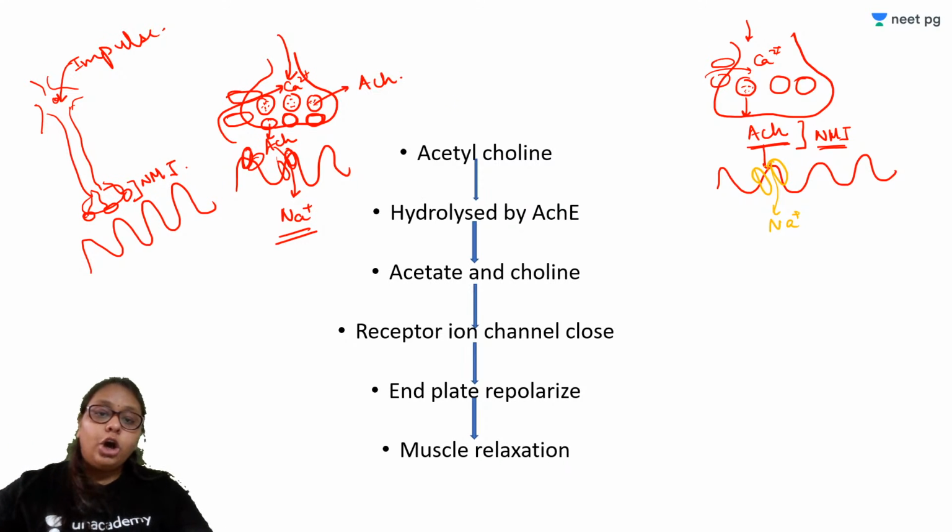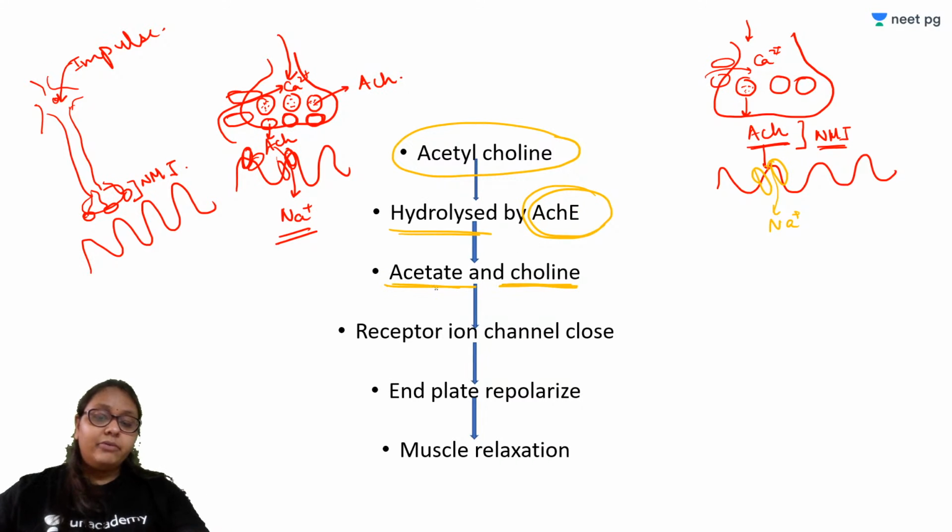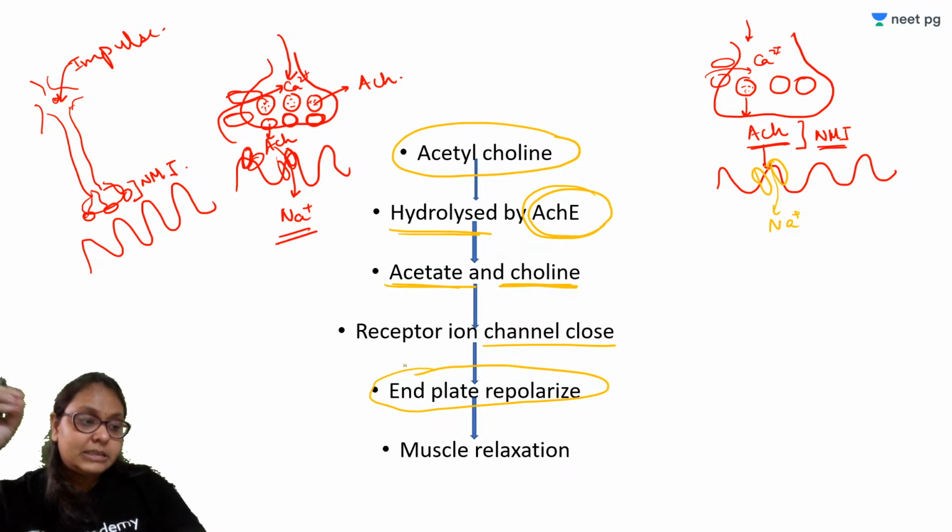Okay, so that is what happens. Now, normally this acetylcholine which is released and acting on the acetylcholine receptor is hydrolyzed by the acetylcholinesterase enzyme, and it gets converted into acetate and choline. When it occurs, the receptor ion channel closes, the end plate repolarization takes place, and the muscle relaxes.